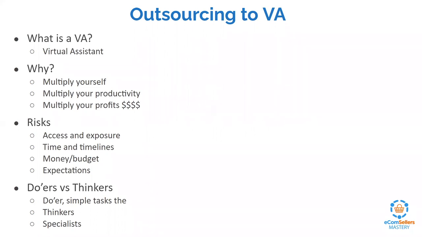Thinkers are a little more involved, and the task that they have to do, the task is not really the person. The task of a thinker is a little more involved. It requires you to think about whatever it is that you're about to do. So if I've got to do product research, that means I've got to think a little bit more. Unless you have a doer and you're just going to say, I only want you to go to these websites, look up these things with this criteria, and don't think anything else.